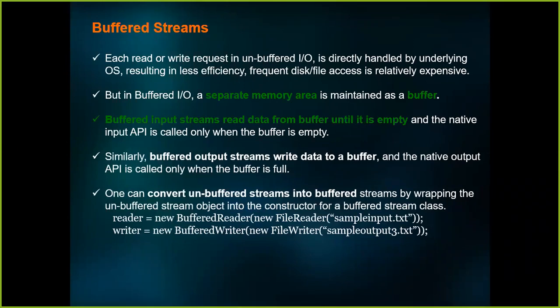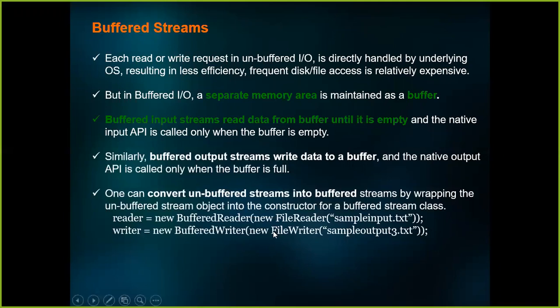Instead of making an operating system call for every character, you get that with one buffered request, into one buffer, say 1024 KB of data. So reader equals new BufferedReader, new FileReader of sample input.txt. One can convert unbuffered streams into buffered streams by wrapping the unbuffered stream object in the constructor of a buffered stream class.